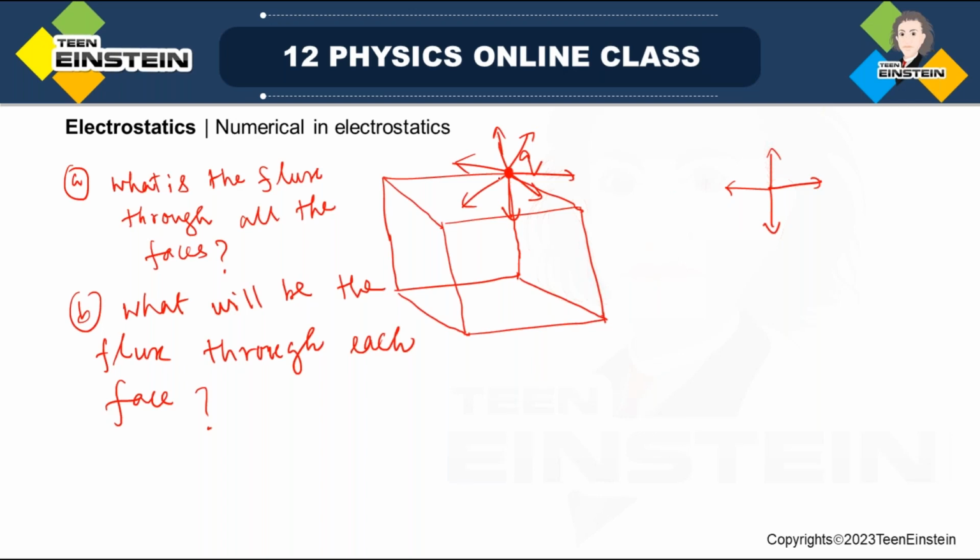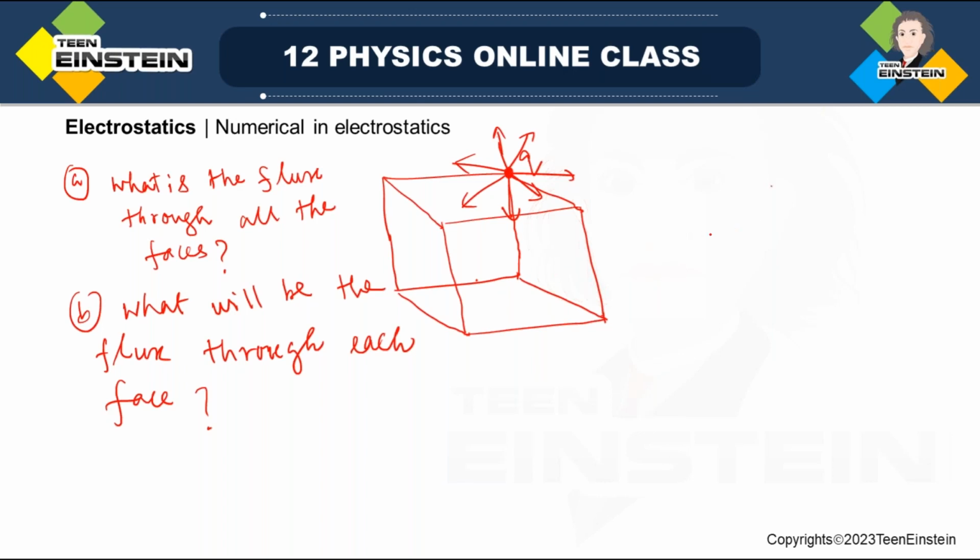Actually, some of the flux field lines will be entering the cube and some of them will be going out, isn't it? Now by symmetry, if I have this charge at the corner, I can consider a big cube consisting of such 8 cubes.